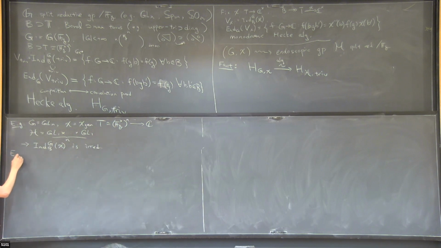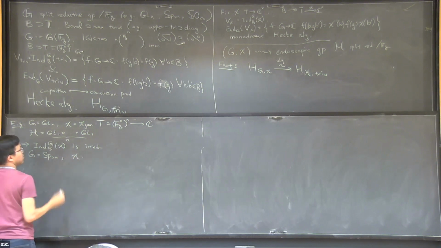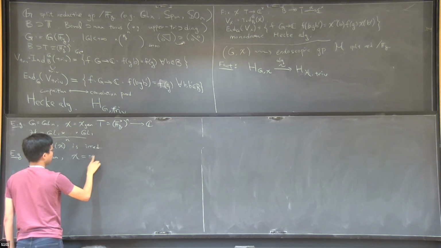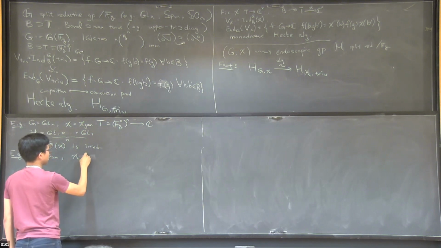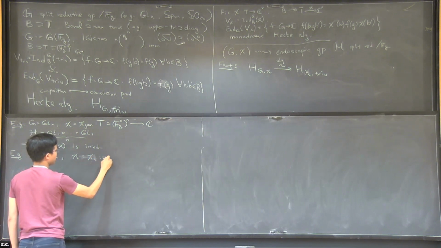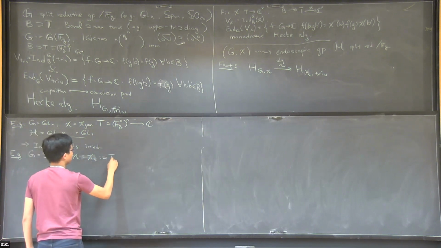Another example. When G is the symplectic group, and now if I choose chi to be the character, say chi_{1/2}, which is defined as follows.